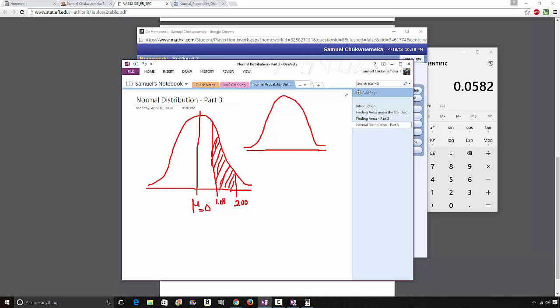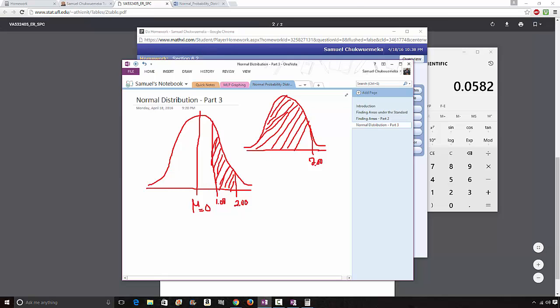This is the table they gave us to the left, right here. Now this is just the area we are asked about, okay? And we will have to find this area here using that table.